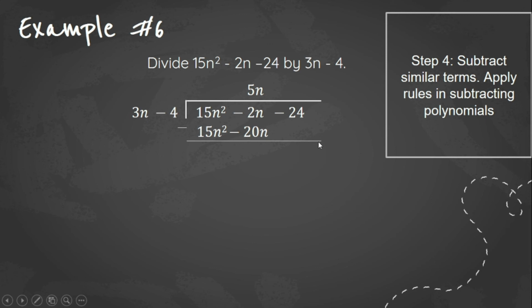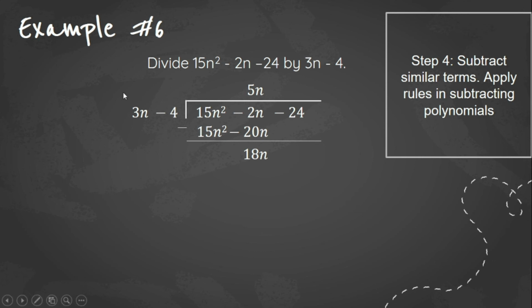Subtracting, we have negative 2 minus negative 20. That gives us positive 18, then copy n. Why positive 18? Those are the rules for operations on integers. We really need to recall that.